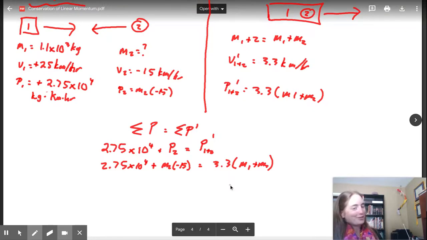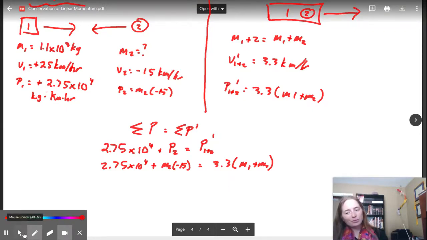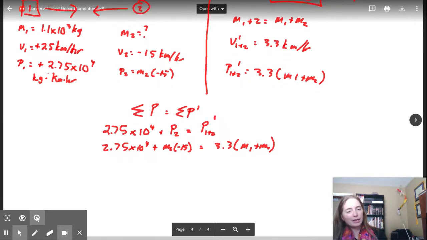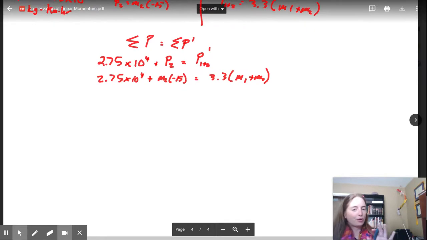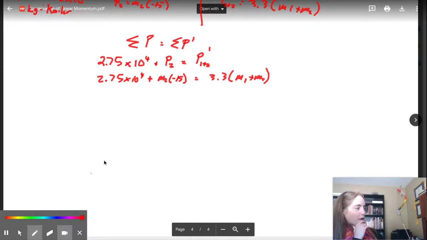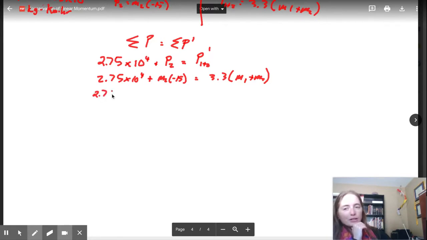So this is where the algebra comes in. Let's start dealing with what we can at this point. I'm just going to scroll down here, because we already have all the numbers we need from that info. If we need it again, we'll scroll up. Let's organize things a little neater on this side. So 2.75 times 10 to the 4. Well, instead of adding negative 15 times M2, we can subtract 15 M2.